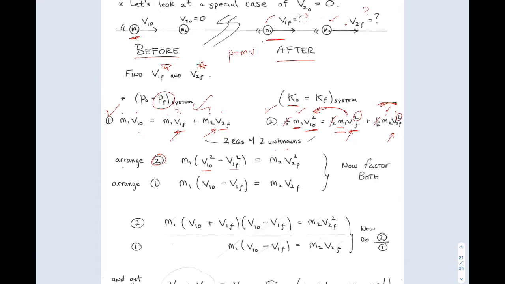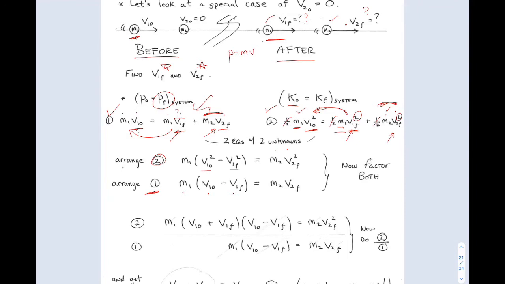Then I rearranged equation 1. I brought this one over, combining like terms, and factored out the M1. I have V1 initial minus V1 final, and then this thing just sits here.